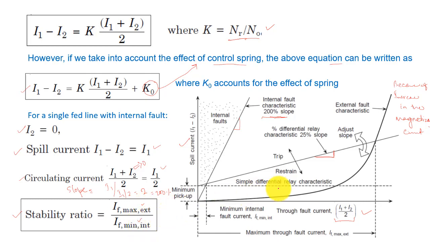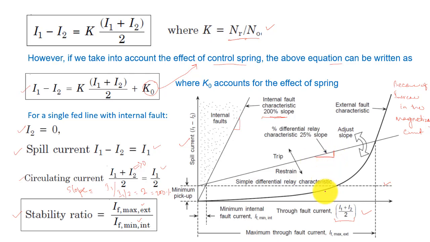Now if we compare with the previous condition, previously our differential relay characteristic is this dotted line, the simple differential relay characteristic, and now your improved percentage bias differential characteristic is this, which has a slope of 25%, 0.25, right?